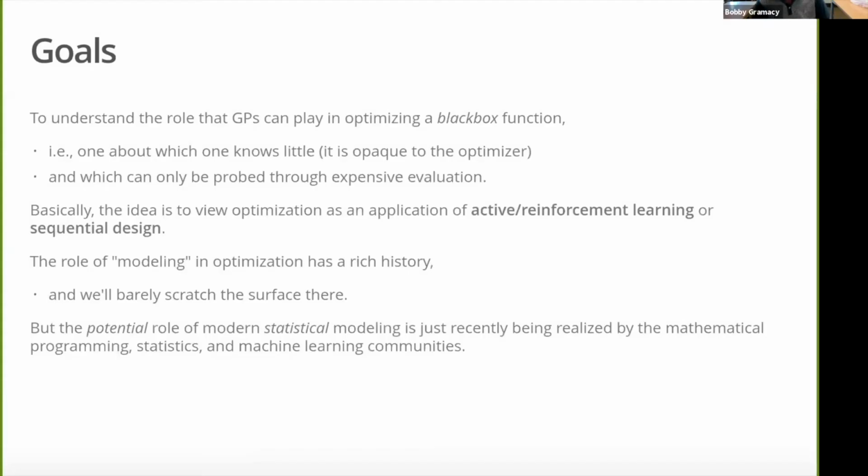So the goals here are to understand the role that Gaussian processes can play in optimizing a black box function. What does black box mean? That means you don't know much about how that function is composed. It's opaque to you. You get to evaluate it, but you don't know much about what it does under the hood to provide the output that it gives you.